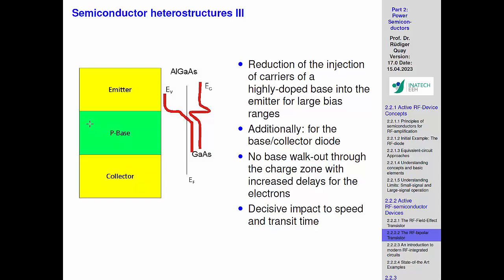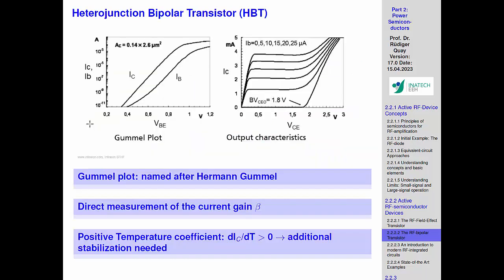But the problem is that there are two types of ink now. There's the blue ink going into the pool, and there's another ink which will kill what we just achieved. And you can see that here in the Gummel plot. So you see, these are the electrons we want to leave the emitter, so going down the slide. The trouble is, there's the control. If we have too many p carriers in the base, then the kick I need to move is getting larger and larger. So I'm losing my advantage. So if I'm not careful with this doping, this IB curve goes up. So I'm losing my particular advantage.